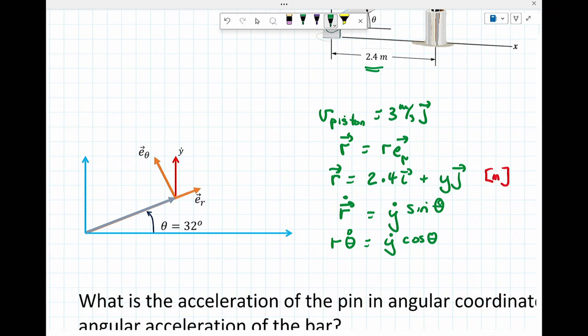I don't have to leave it, I can leave it as that. So I know r dot, and the reason I'm writing it in this form is because I want this in velocity form, and so my velocity is r dot e sub r plus r theta dot e sub theta. So I have both of those. I have directions. How did I do this? Yeah, maybe I should ask that question.